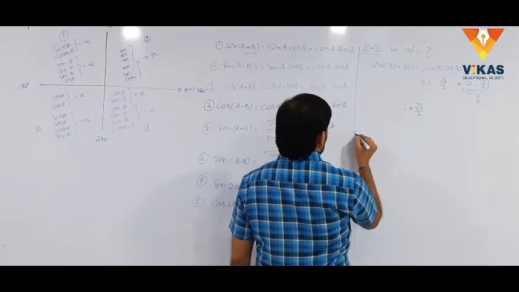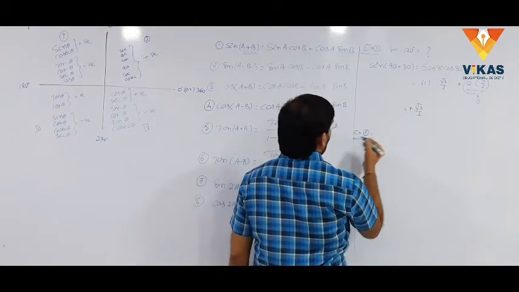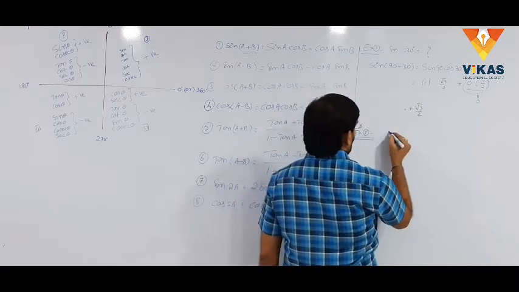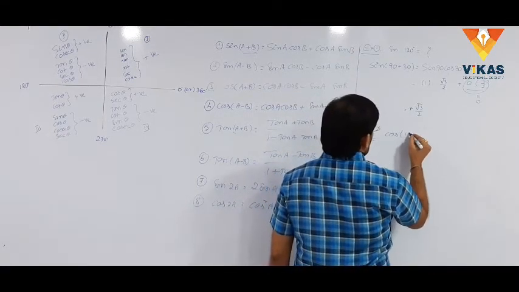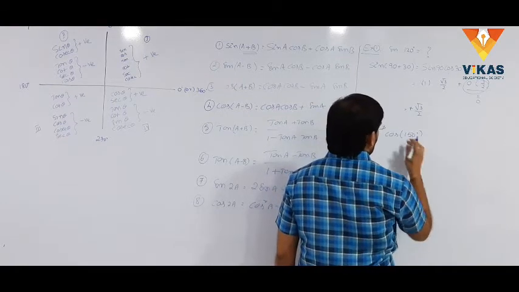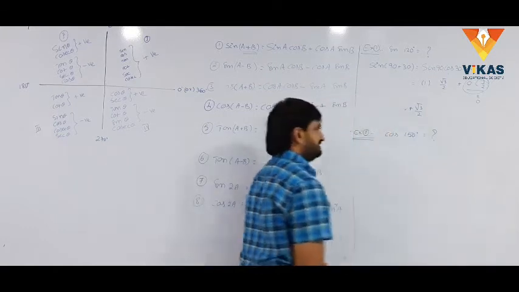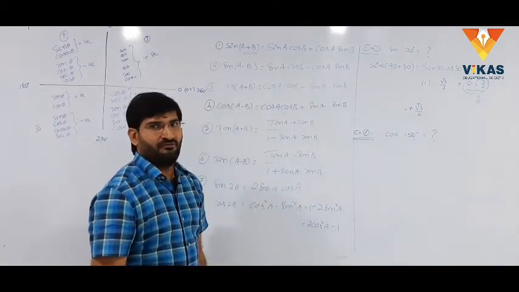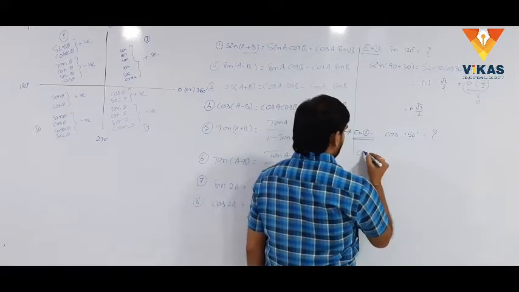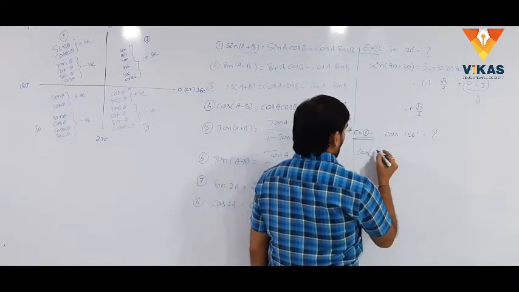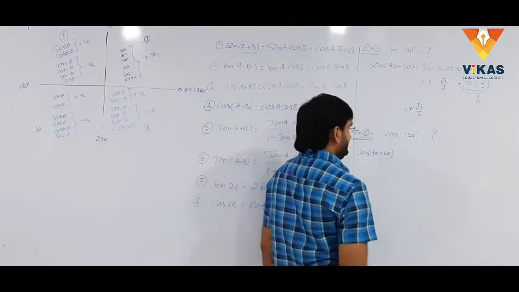One more discussion about that. Example 2, simply like this. Find the value of cos 150 degrees. How to find the value of cos 150? It can be written as cos of 90 plus 60 degrees.